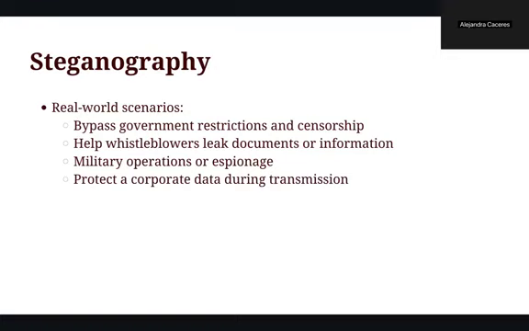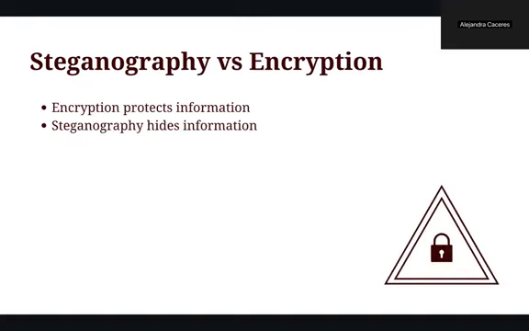It also helps in military operations or for espionage. The use of this, if important information gets leaked during any of these, okay, we also have that they're able to protect corporate data during transmission. Let me go to the next slide.